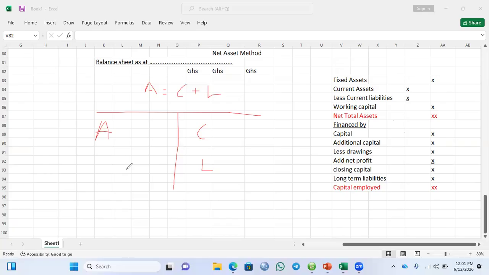In fact, in some presentations, some do the assets less the liabilities, and then they say it should be equal to what? Capital. So they just manipulate the accounting equation. It doesn't matter. But let's focus on this method, net assets, the vertical presentation.